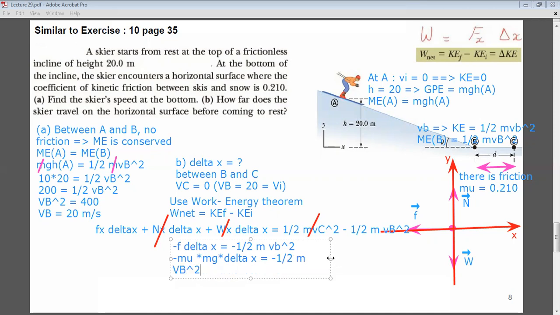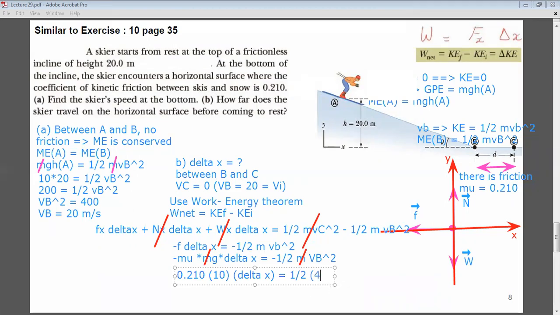The m and m cancel out each other. Minus and minus also cancel each other. So 0.210 times g, which is 10, times delta x, which is my unknown, is equal to half VB squared, which is 20 squared, which is 400.